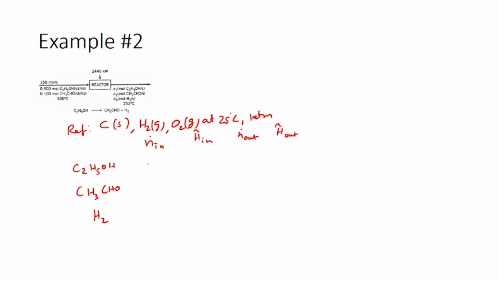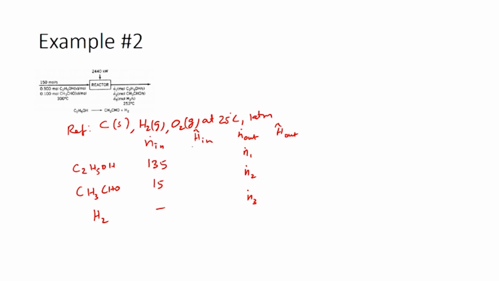What is the molar flow rate of ethanol in the system? You have 150 moles per second of the mixture coming in, and 0.9 of that is the mole fraction of ethanol. So, it will be 0.9 times 150, giving you 135. The remaining is acetaldehyde, so 15 moles of acetaldehyde, and there is no hydrogen entering. In the exit stream you have N1 dot, N2 dot and N3 dot for each of the components leaving the system.